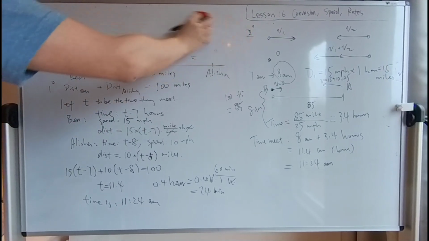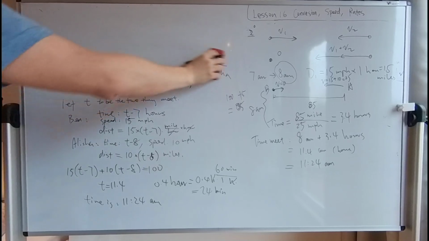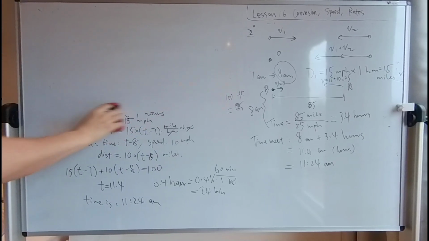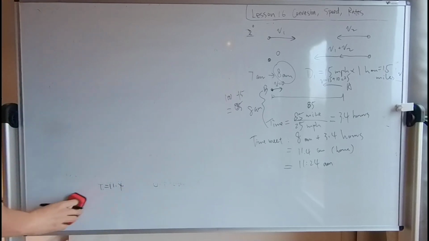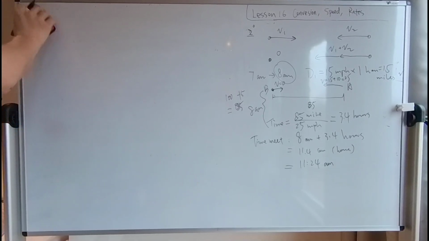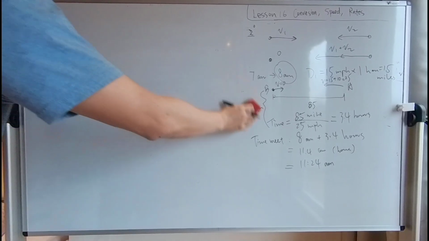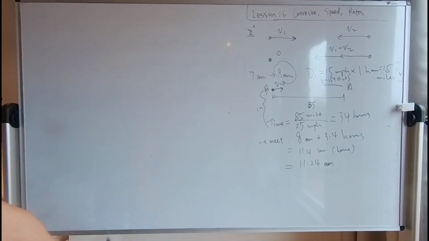Okay, lastly, we see some further examples with different rates. Remember we said at the beginning that speed is a special case of the rate. Rate is something that measures a quantity change over time. So speed is the most typical measurement, where we measure the distance traveled over time.